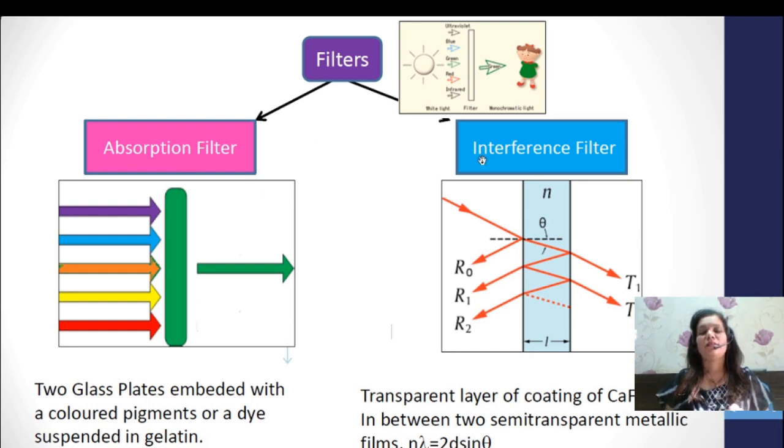Whereas the interference filter is generally utilized in a spectrophotometer to obtain a particular wavelength. Here you are utilizing this interference filter. This is simply a transparent layer of coating between two glass sheets of calcium fluoride, CaF2, or magnesium fluoride.